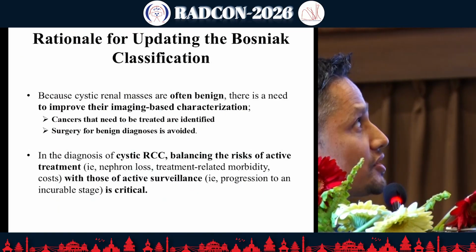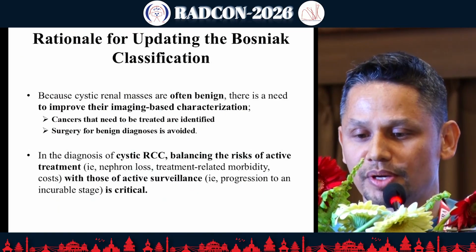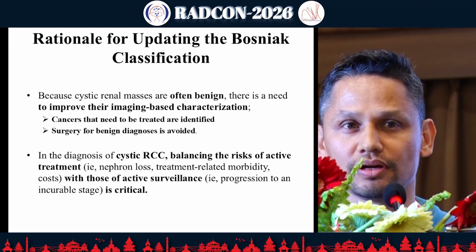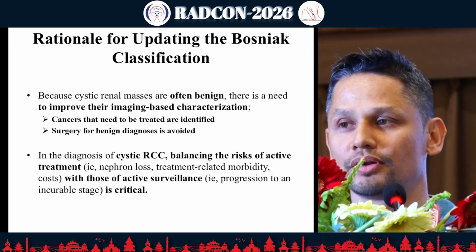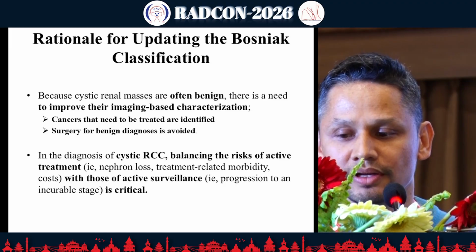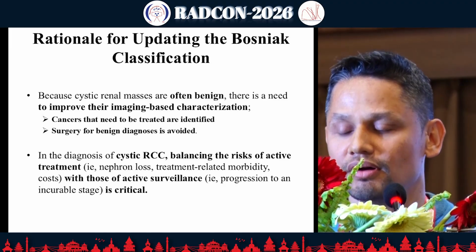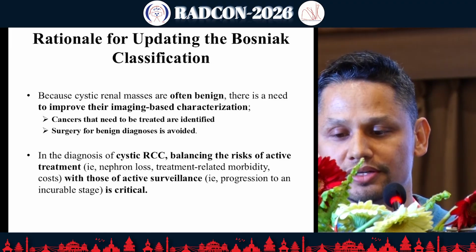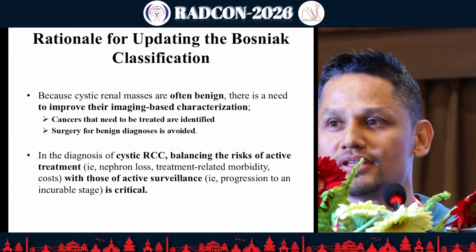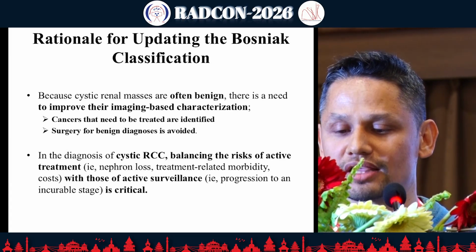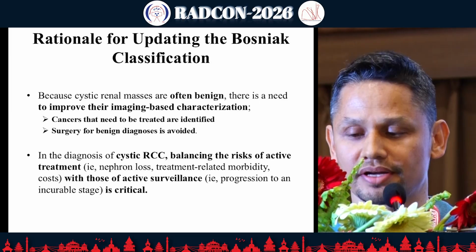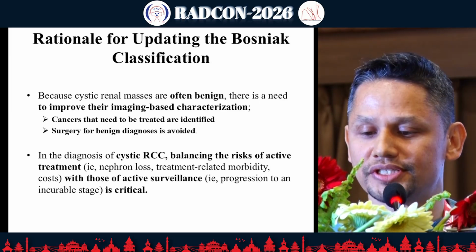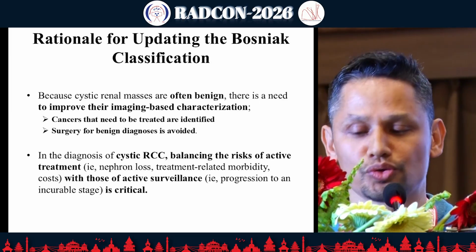So what is the rationale for updating the Bosniak classification? If you see the previous classification, especially 2005, most of the lesions, often being benign, were resected. So we need an imaging-based classification that can detect cancers that should be treated on time, and surgery for benign lesions should be avoided.